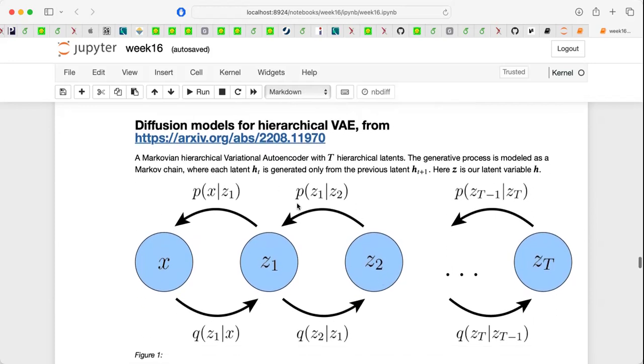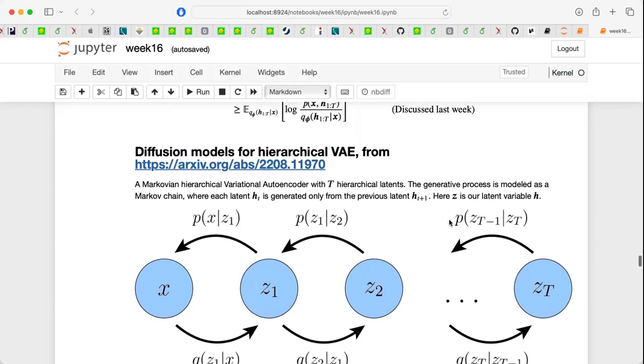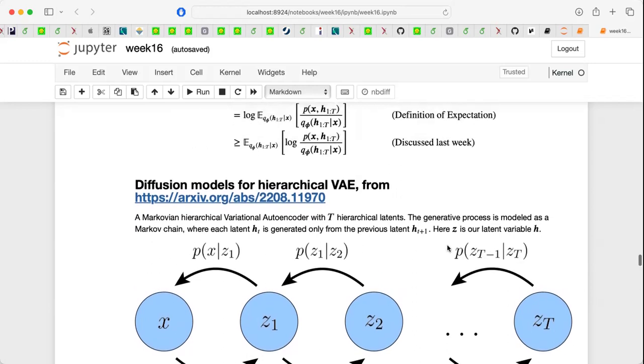And what we would have then is a Markov hierarchical variational autoencoder with T different latent spaces. So this is the final one. And the generative process is modeled as a Markov chain where each latent H_t is generated only from the previous one. So in this case, you see that when we move back, this contains information from the step T+1. So we are going from this one to the next one, et cetera.